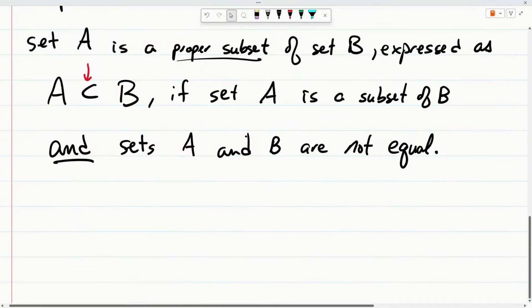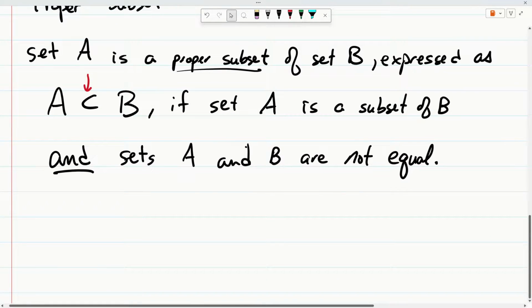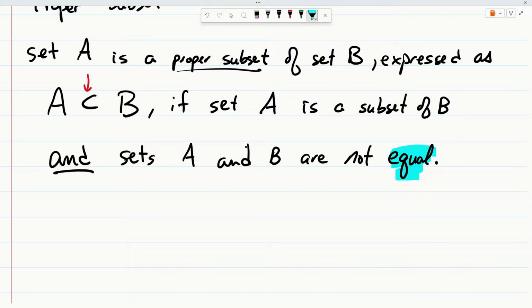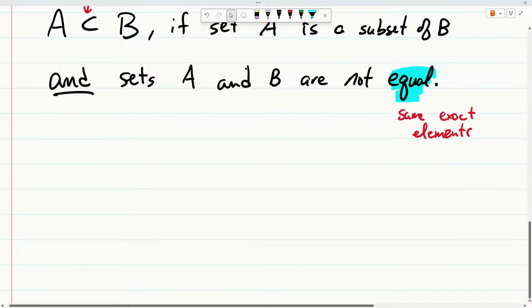Okay? Now we know what equal means. Equal means the same exact elements. Okay? So don't forget that. Equal means same exact elements. Okay? So let's go ahead and look at an example.